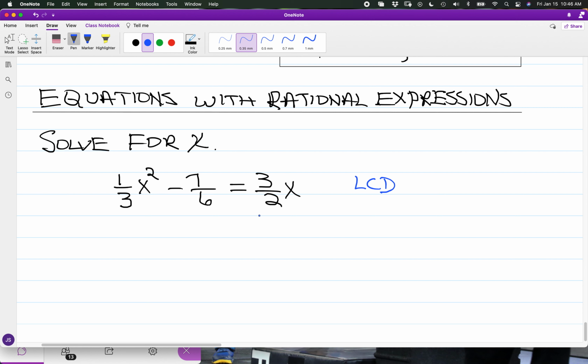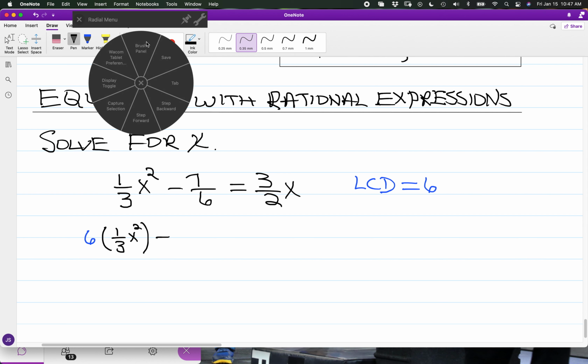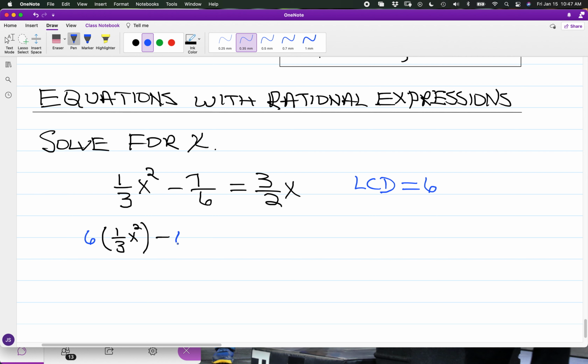The smallest value that all of 2, 3, and 6 will go into is 6. So if I make the adjustments here, you have 6 times 1/3 of x squared, minus 6 times 7/6, is equal to 6 times 3/2 of x.